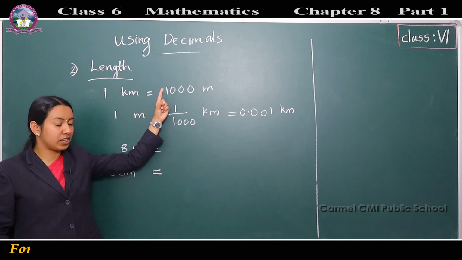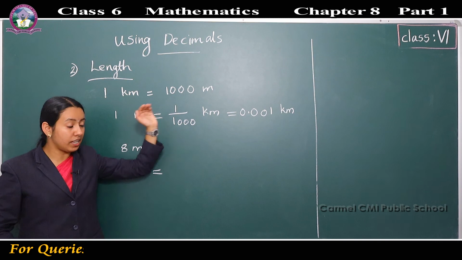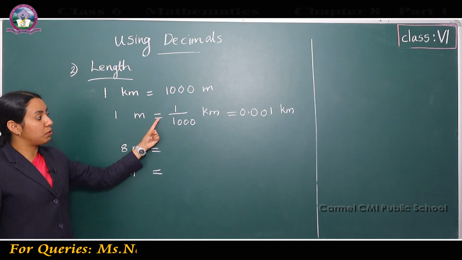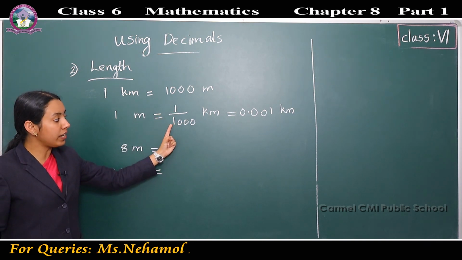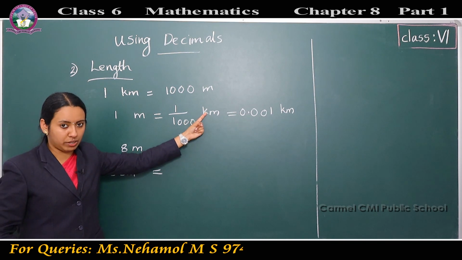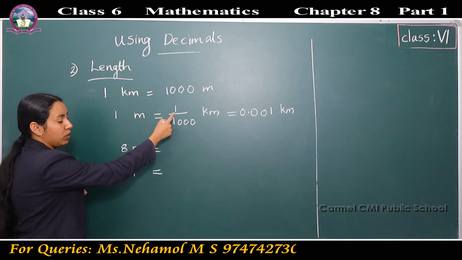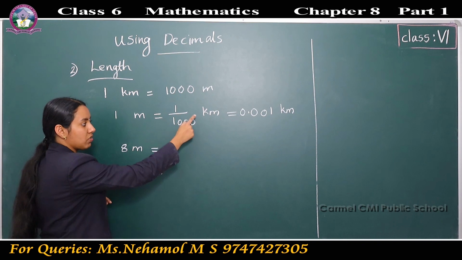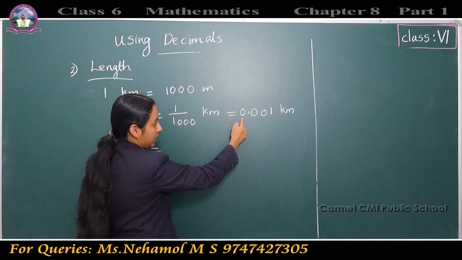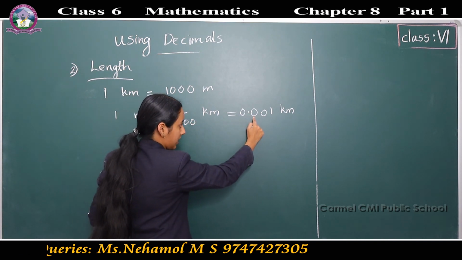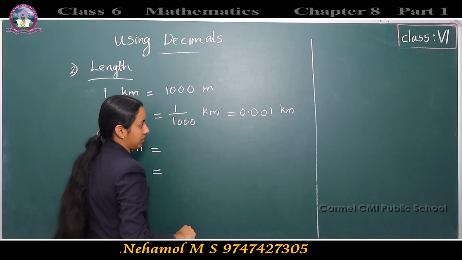Similarly, we know that 1 kilometer is equal to 1000 meter. Then 1 meter will be equal to 1 by 1000 kilometer, which is equal to 0.001 kilometer.